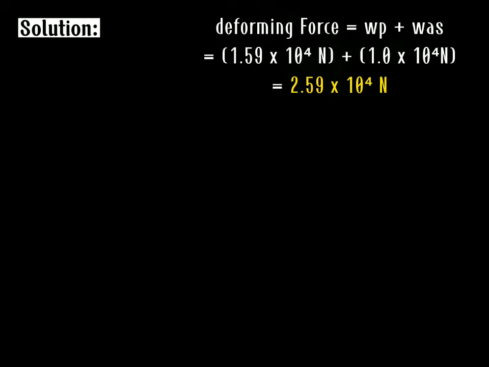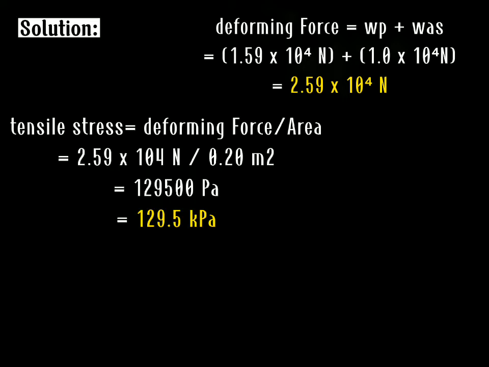So we will solve for the stress. Stress is equal to deforming force divided by the cross-sectional area. The deforming force is 2.59 times 10 to the power of 4 Newton divided by this cross-sectional area, 0.20 meter squared.